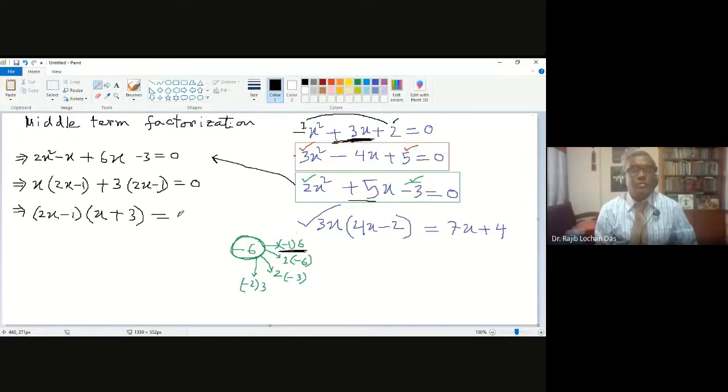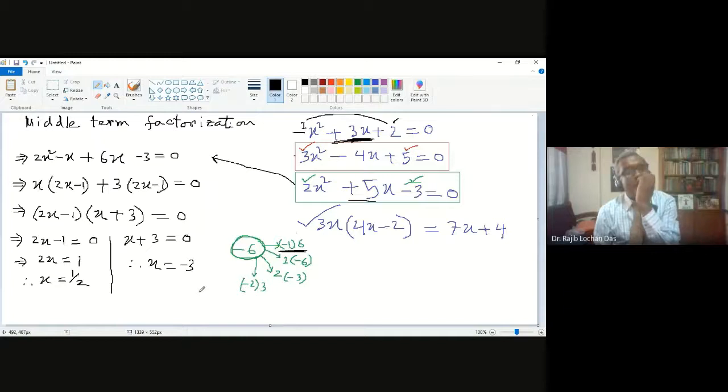So you have two factors. 2x minus 1 equal to 0, so 2x equal to 1, so x equal to 1 by 2. Or the other answer is x plus 3 equal to 0, so x equal to minus 3. So these are the two answers, and that's all.